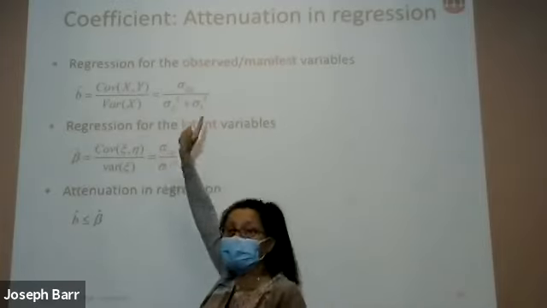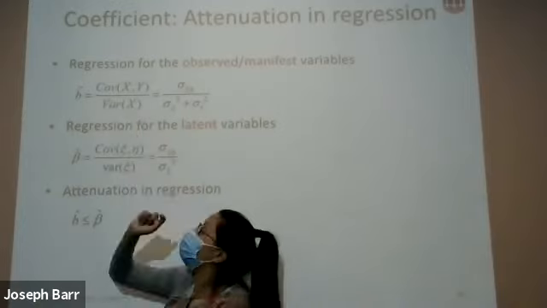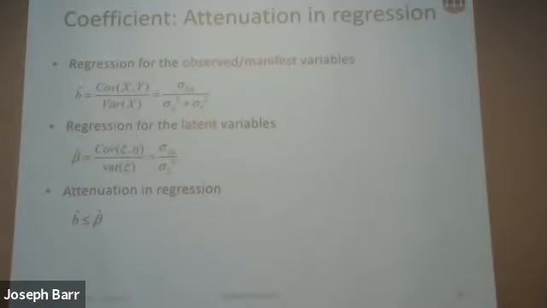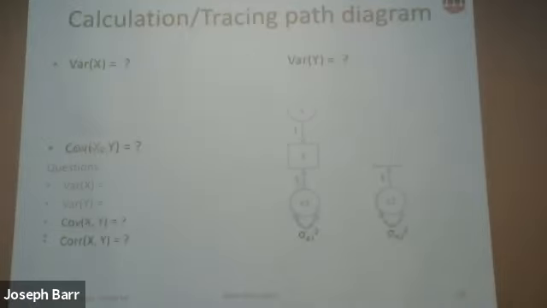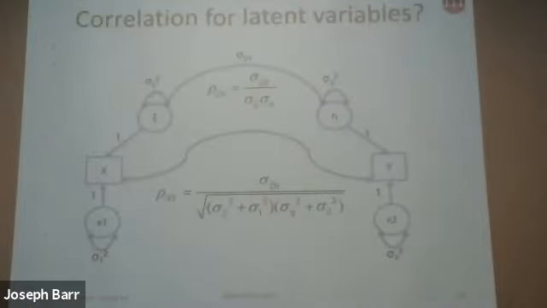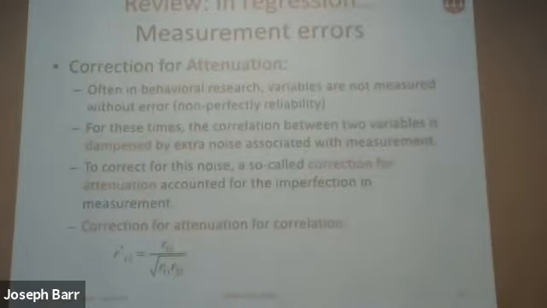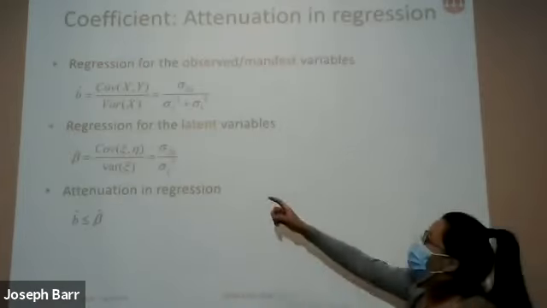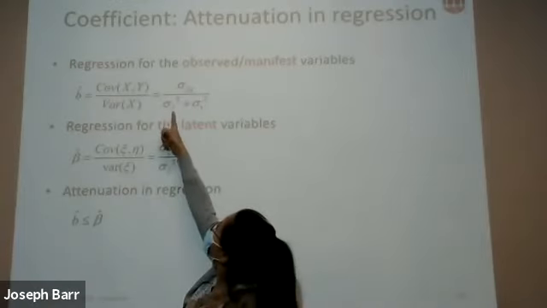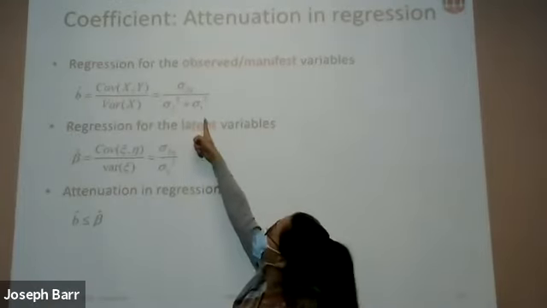Sigma C eta is the covariance between X and Y, just like we did in the slides here. We derived the covariance between X and Y, and also the variance of X. The variance of X is the variance of the true score of X plus the variance of the measurement error.